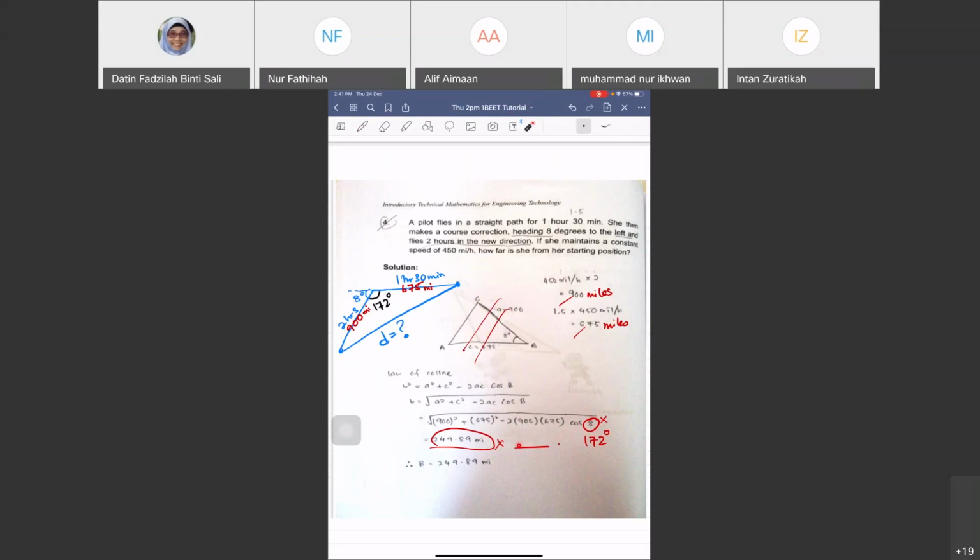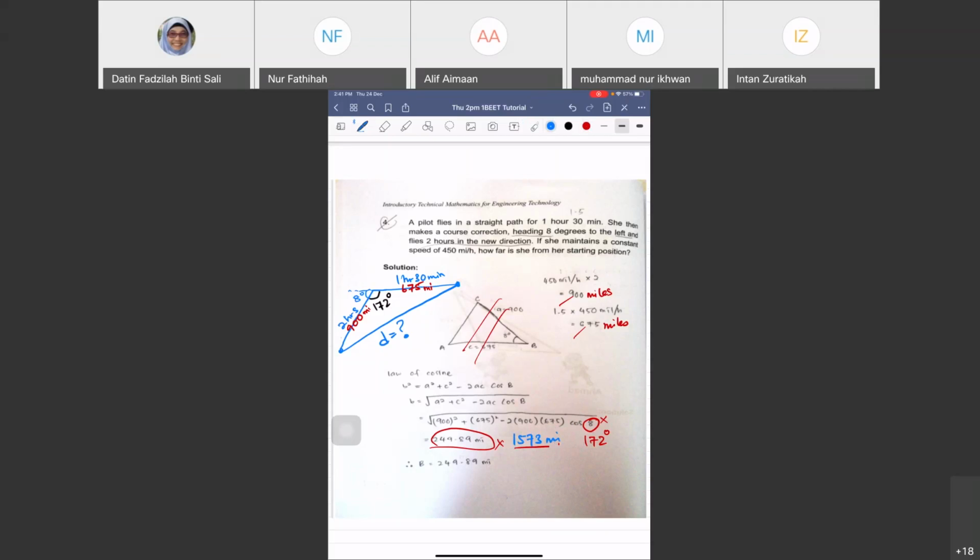What's the answer here? 1573? You got 1573.7. The rest of you can also check if there's a discrepancy.